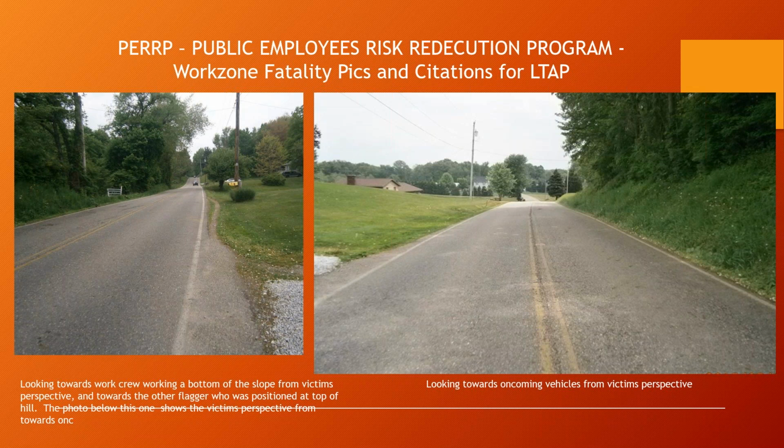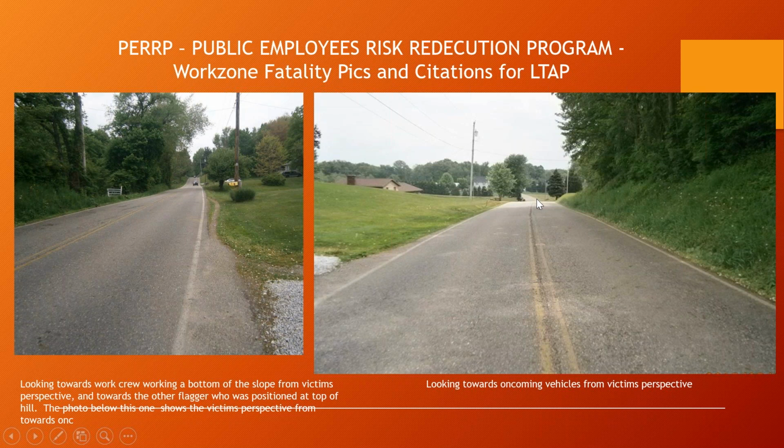If we take a look at the picture on the right, we'll see something that's typical in Ohio on our rural roads. You're driving along and there's a dip. You're going to be driving downhill here, and the thing about this dip in the road is it's pretty significant.